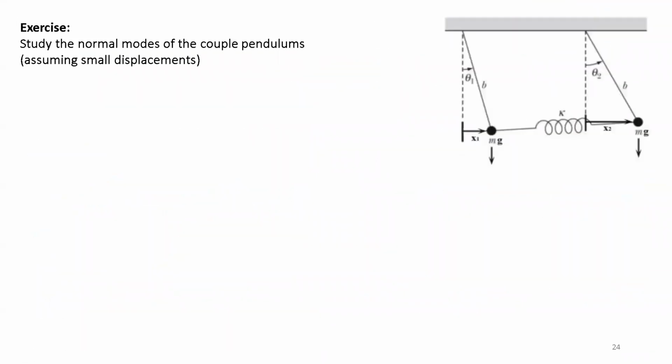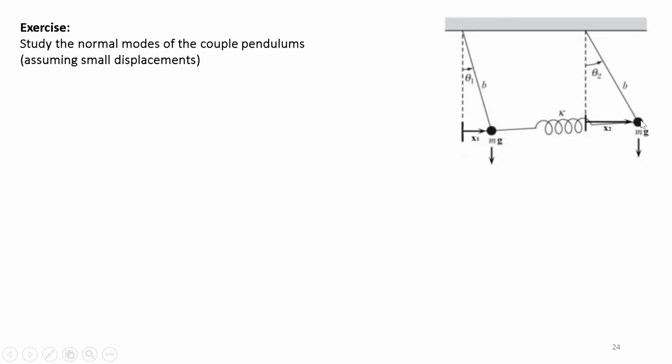Now I want you to try one exercise. It is again a coupled oscillator problem, but the setting is different from what we had. Instead of 3 springs with 2 masses, what I have is 2 simple pendulums connected by 1 spring.